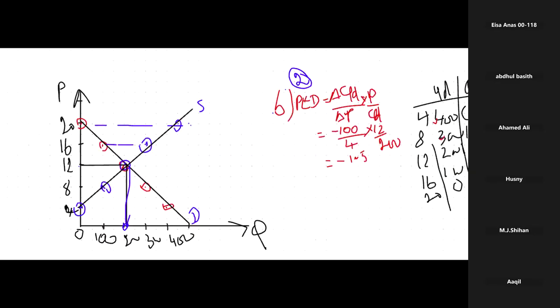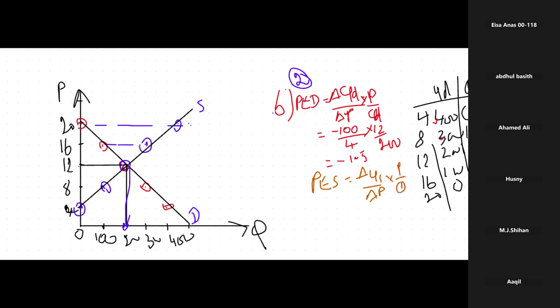Right. Now the PES. So for PES also, we have a very simple formula, that is delta QS over delta P into P over QS.